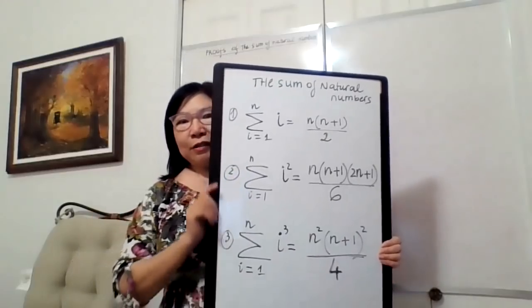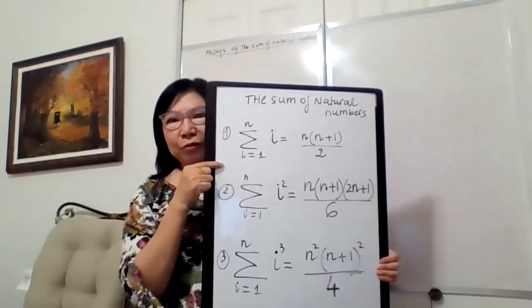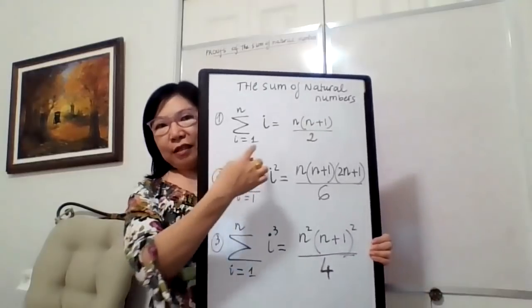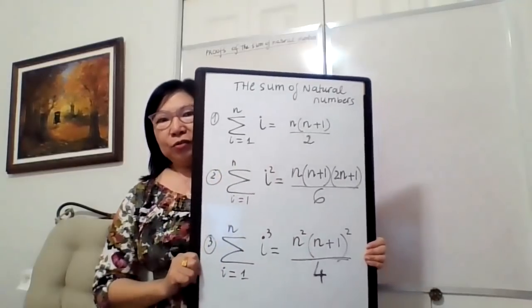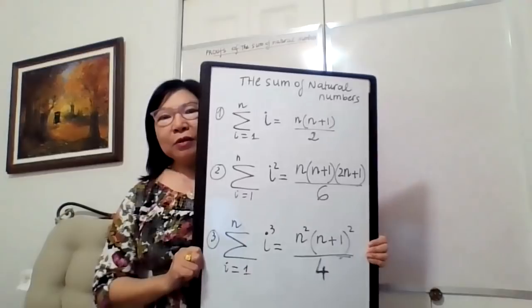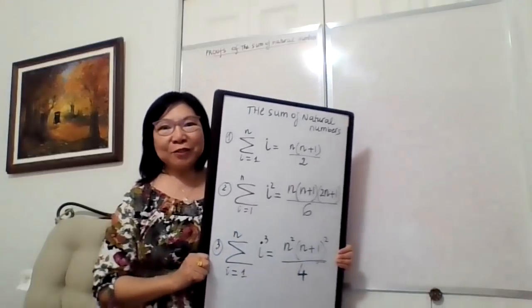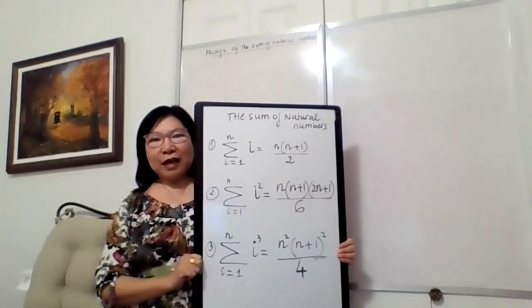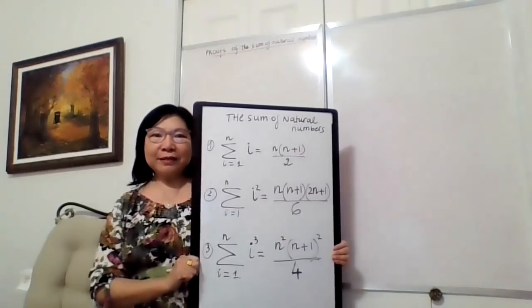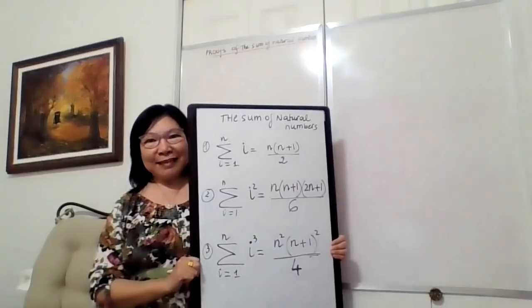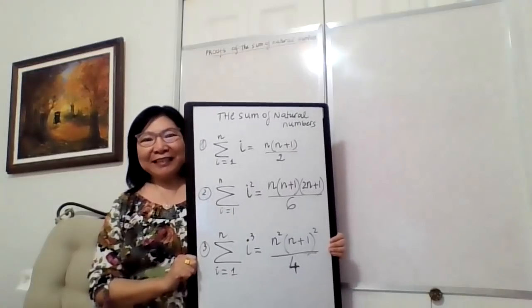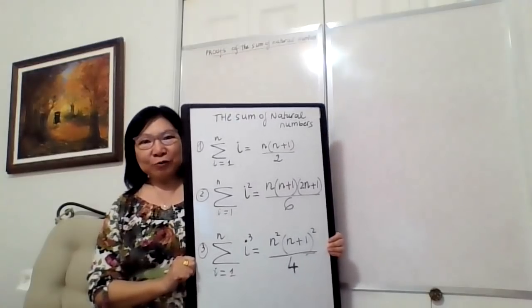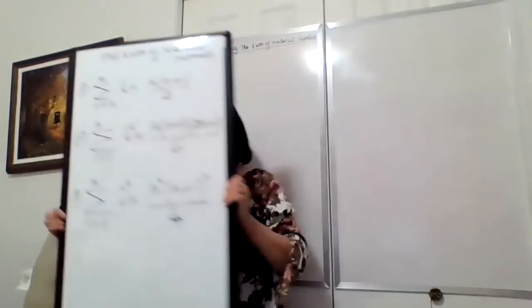On the left is the sigma notation, equivalent to the expression on the right. I'm going to prove to you that these equations are valid, meaning the left side equals the right-hand side. So now let me walk you through the first one first.